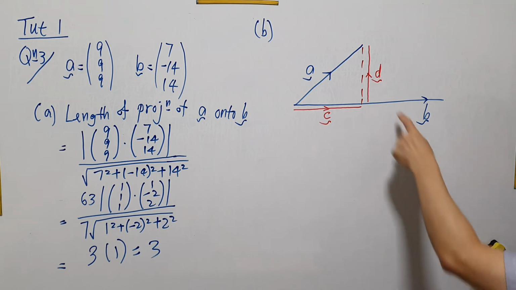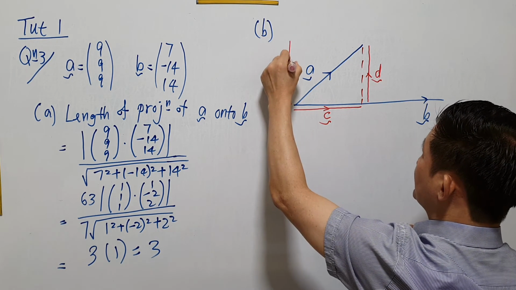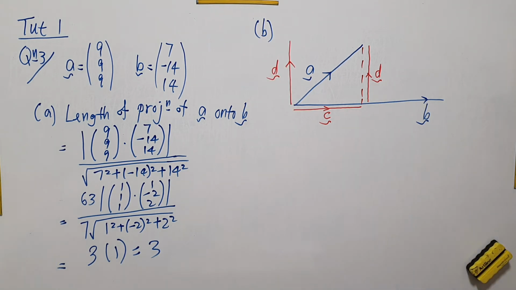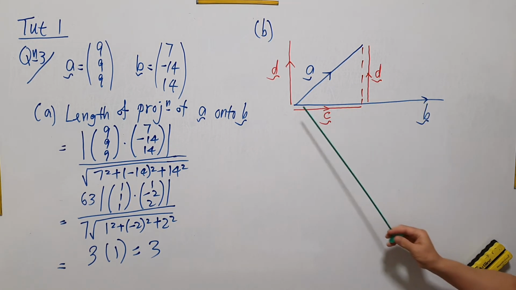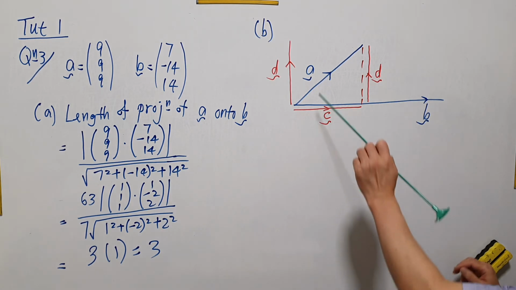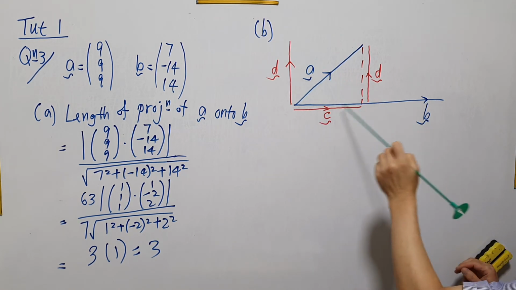I can draw my vector D over here, like this. It's the same. So C and D are the so-called resolution of the vector A in two directions. One vector is along B, and the other vector is perpendicular to B. So once again, to resolve the vector A into a vector here, which is C, and a vector there, which is D. It's the same as this vector.